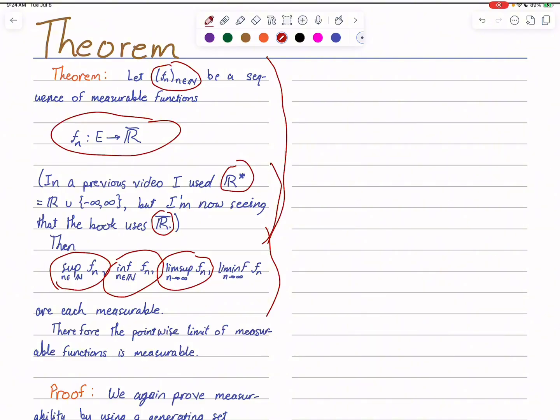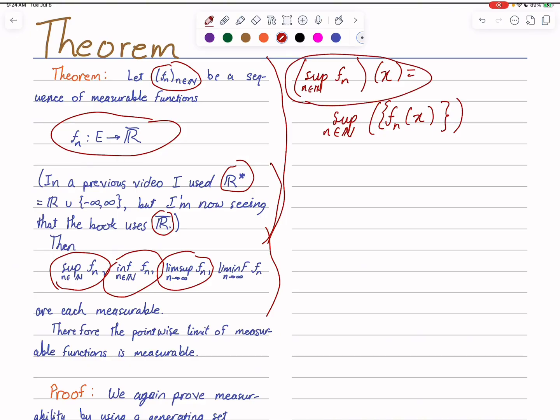theorem. So for instance, sup n fn. How does this function sup n fn map a single point?